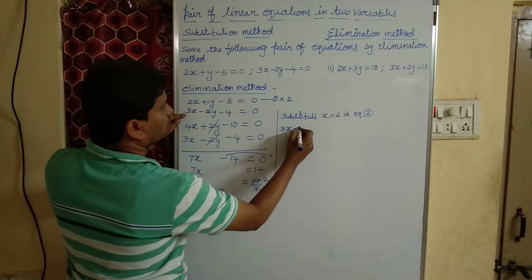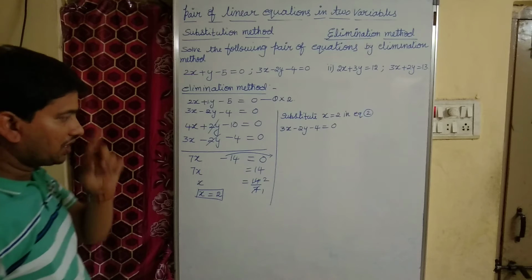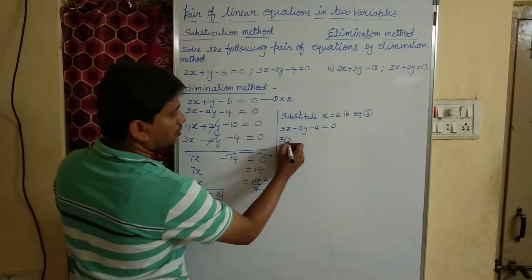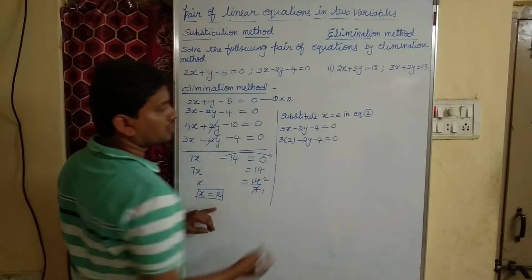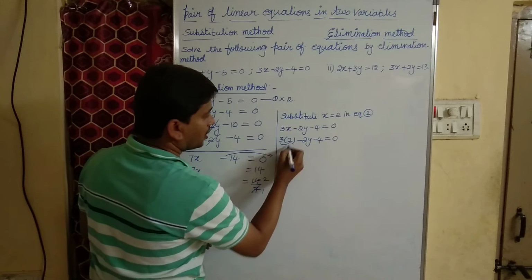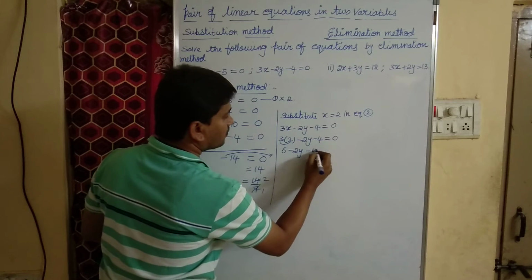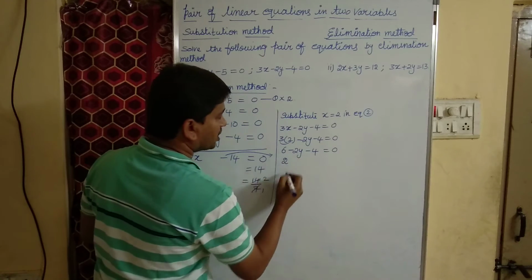Our equation number 2 is 3x - 2y - 4 = 0. We got the value of x, so 3 into 2 - 2y - 4 = 0. 3 into 2 is 6, 6 - 2y - 4 = 0. 6 - 4 is 2.